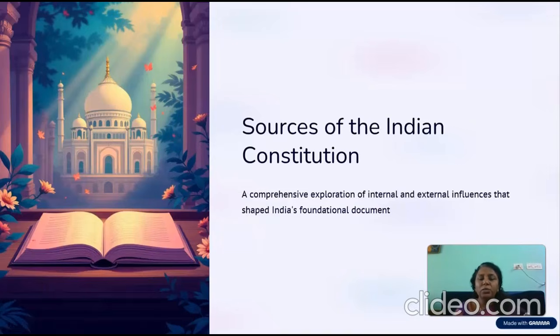Dear students, today we are going to see about the sources of the Indian Constitution. When we talk about the sources, it is a comprehensive exploration of both internal and external influences that shaped India's fundamental document, our constitution.